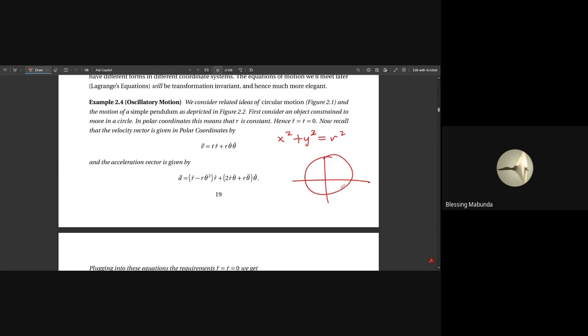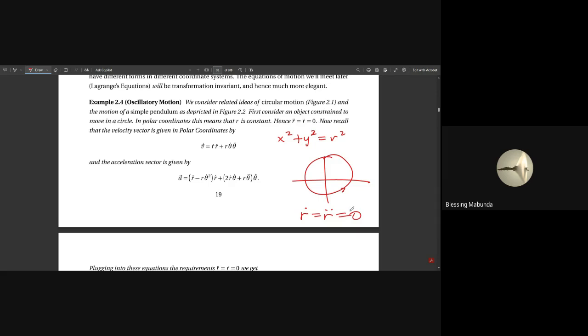If our object is constrained to move in that circle, it's always going to have a radius r which is constant. So that will mean that r dot is equal to r double dot, which is equal to 0.